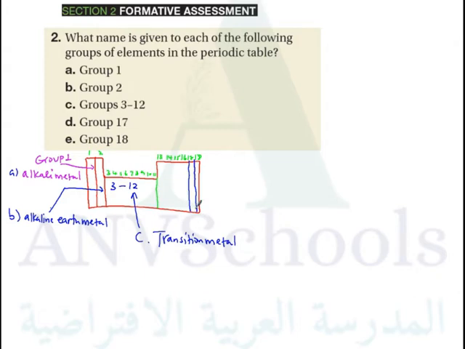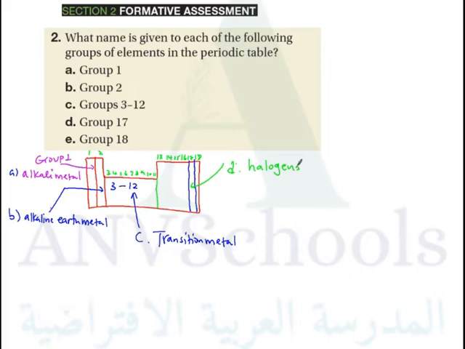So this is group 17, and we call it halogens. These halogens are fluorine, chlorine, bromine, iodine. Halogen means salt forming. They are well known, very reactive non-metals.